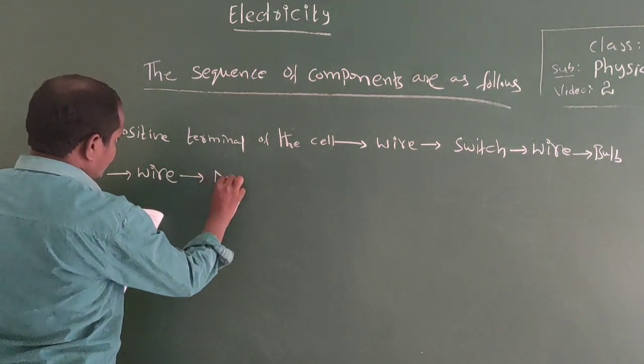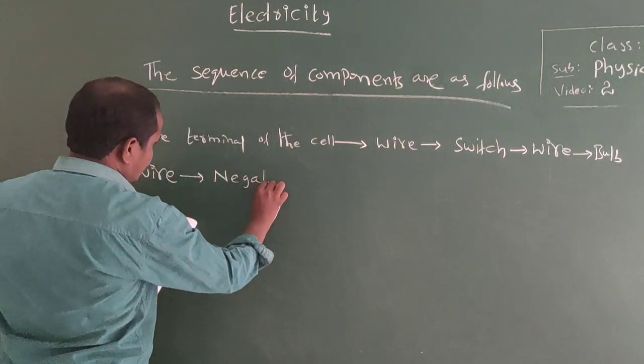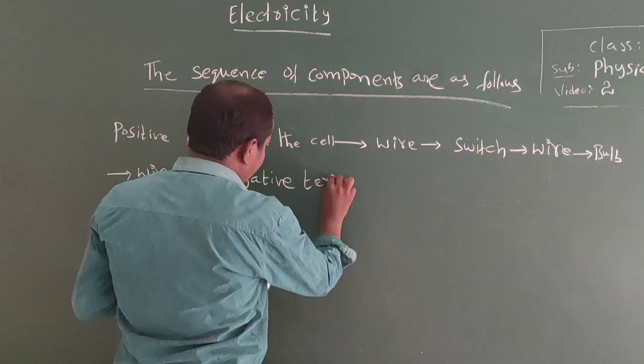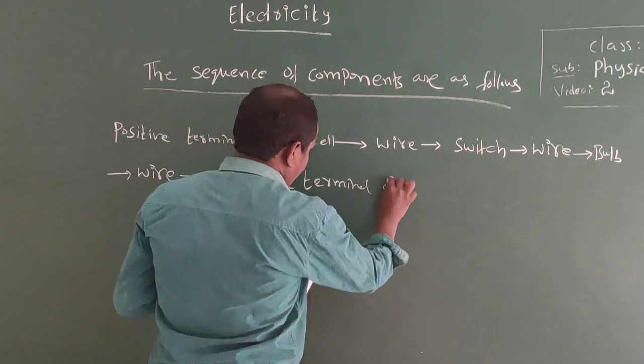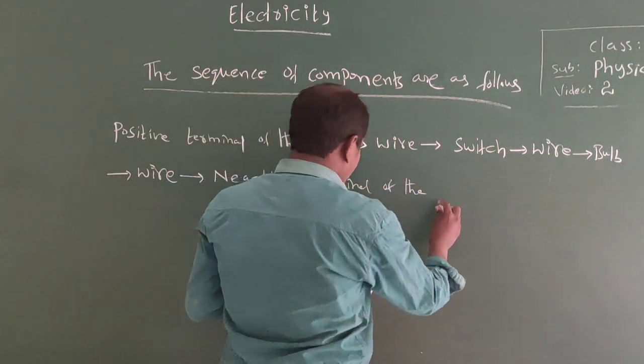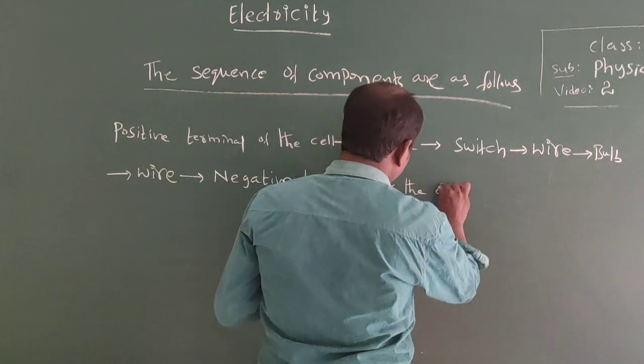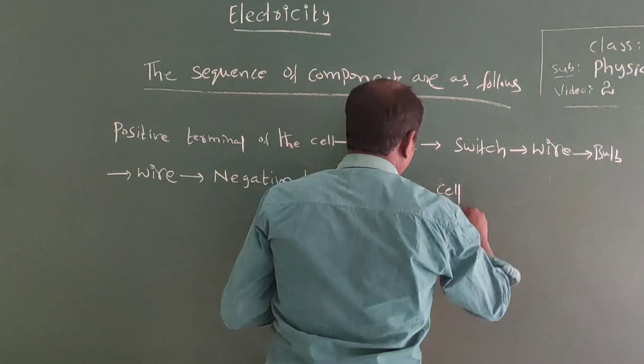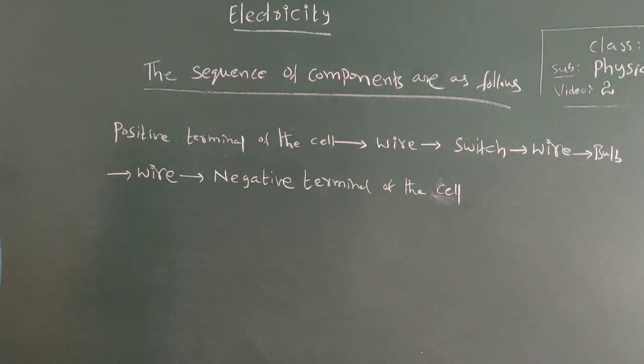Next one is the negative terminal of the cell. It is the sequence of the components.